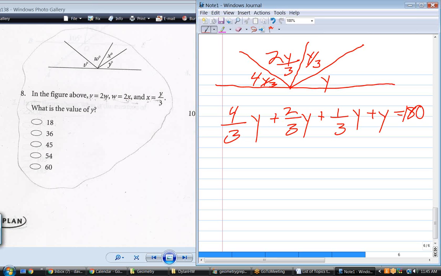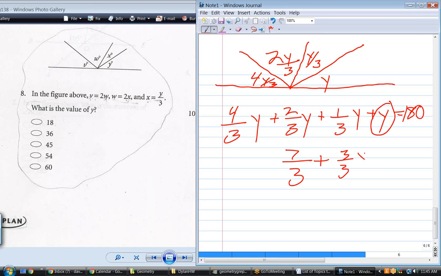Now, how much is 4/3 plus 2/3 plus 1/3? 7/3. So it'd be 7/3 y plus another full y. How many thirds y's do we have now? In other words, 10. That one is 3/3.